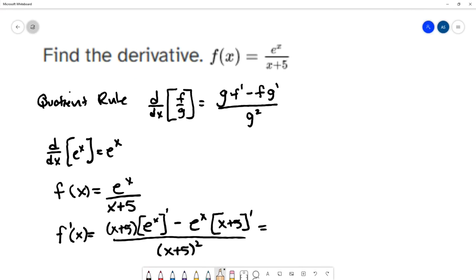So I followed the pattern of the quotient rule, but I didn't calculate the derivative on these individual pieces yet. So I'm going to go back and calculate those.